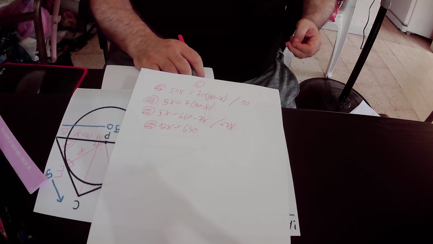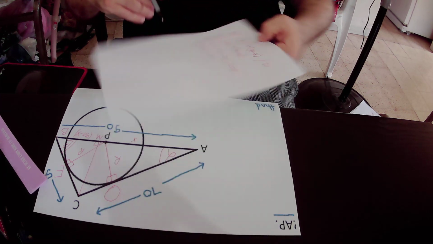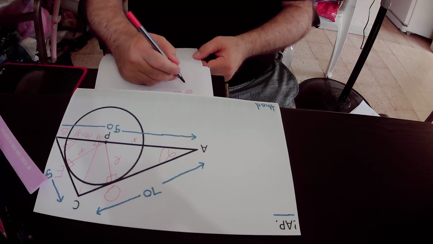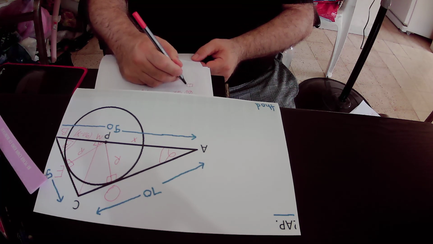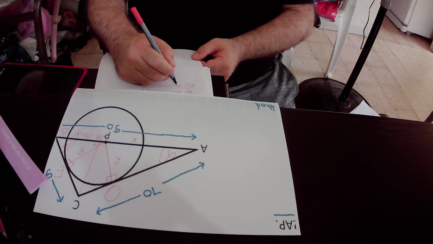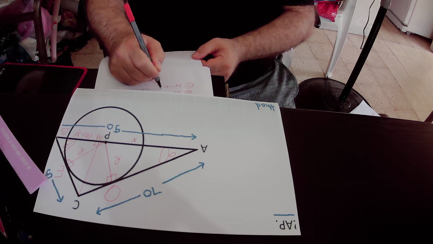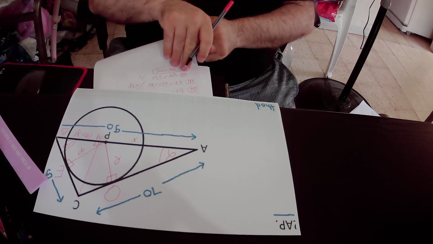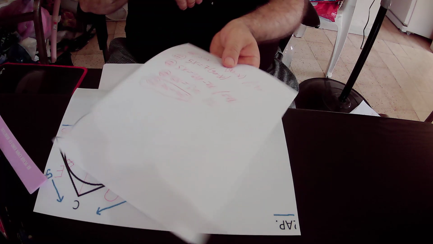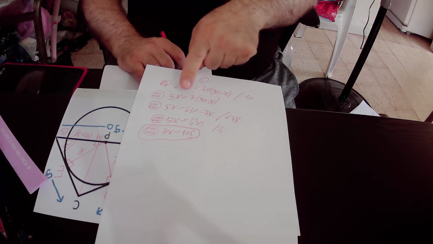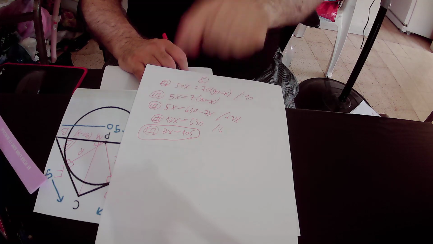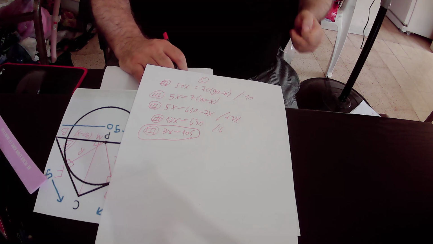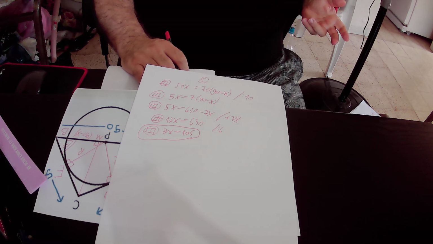In the next step, we will divide the equation by 6. So 12x divided by 6 equals 2x, and 630 divided by 6 equals 105 units.